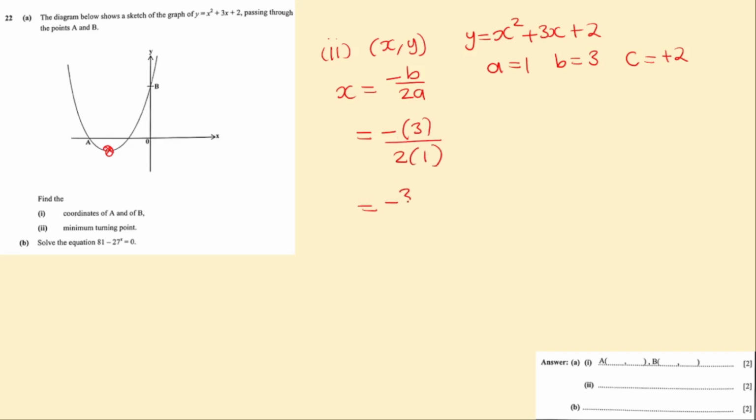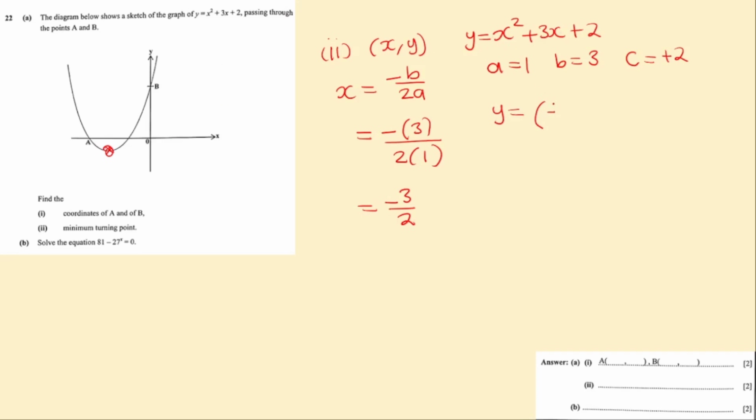So we'll have negative 3 over 2 as my x coordinate. I need to find the y coordinate now. So I'll simply substitute this value into this equation.